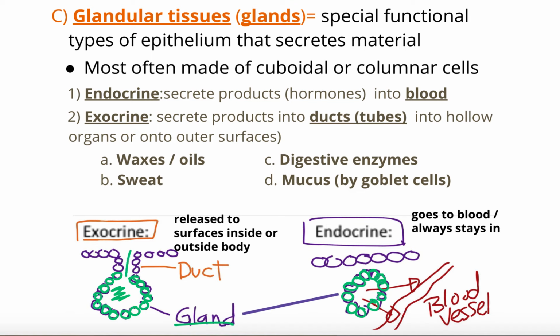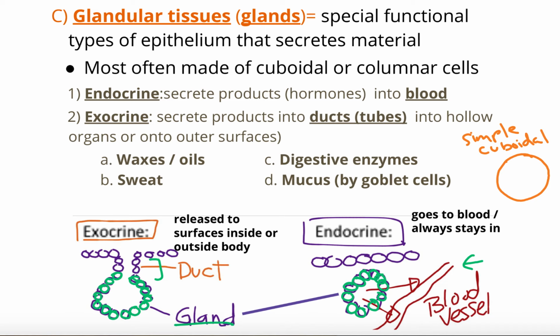From this hollow, it can be released onto the surface, or it can be diffused into the blood over here. The duct here, the tube that leads to the surface, is what allows the material to escape onto the surface. But there is no duct in the endocrine gland because that gland is right next to blood vessels, and the material is just going to naturally diffuse or get absorbed into the blood.